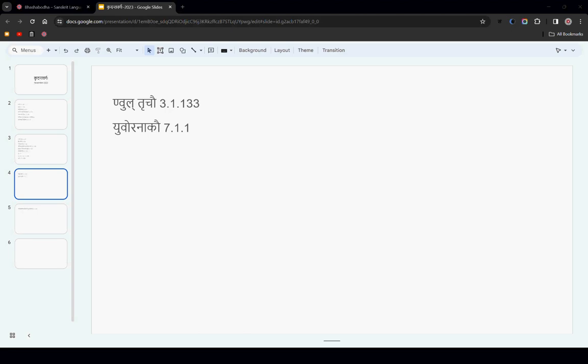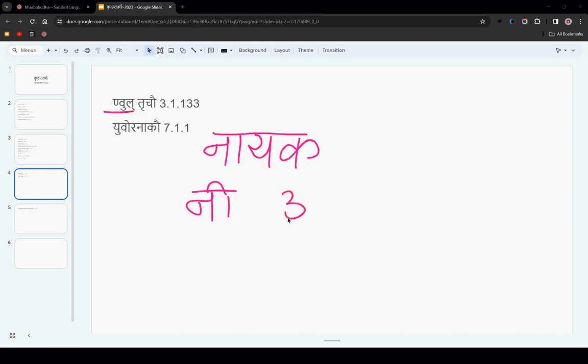The other example is ni, nayaka. Ni plus, again we are applying null, which changes to aka. Here there is a ni, dirgha ikara, and vruddhi becomes what?